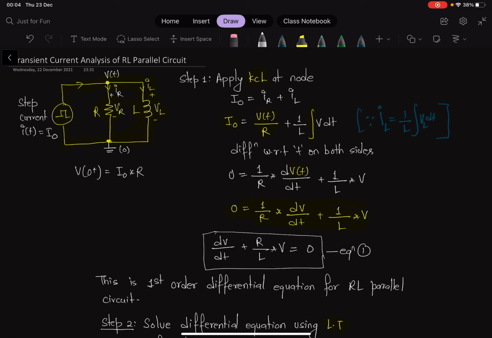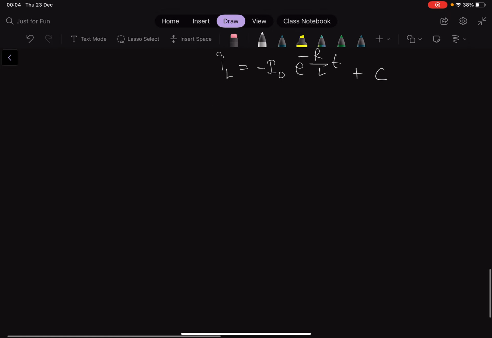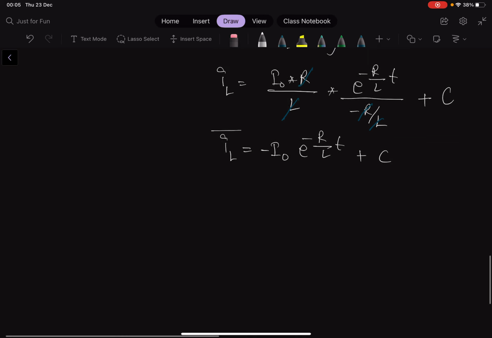So we can consider the C value as 0, but we can leave it as that. Or we can say that it is I naught, depending on whether it's going to be 0 or I naught, whatever value, because it's going to be a short circuit or an open circuit. If it is an open circuit, then C is going to be basically 0. But we can leave that as it is, and that is our transient current through the inductor.